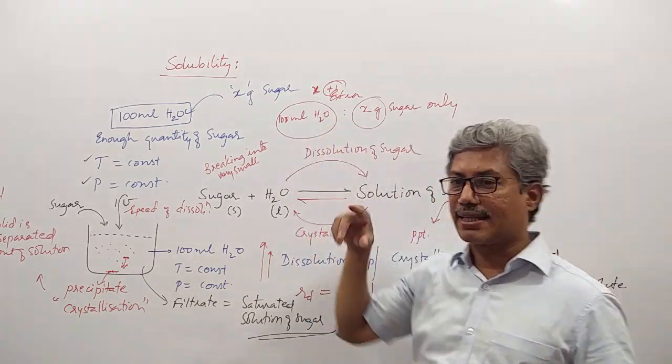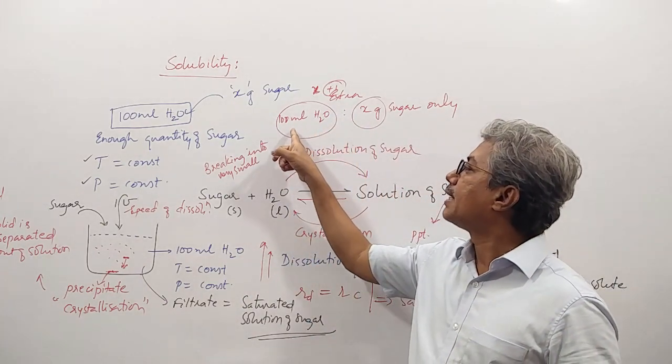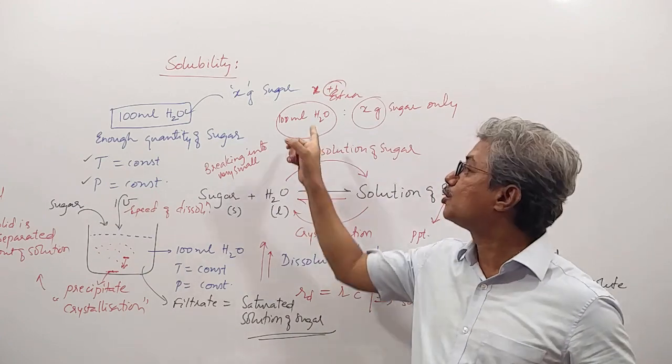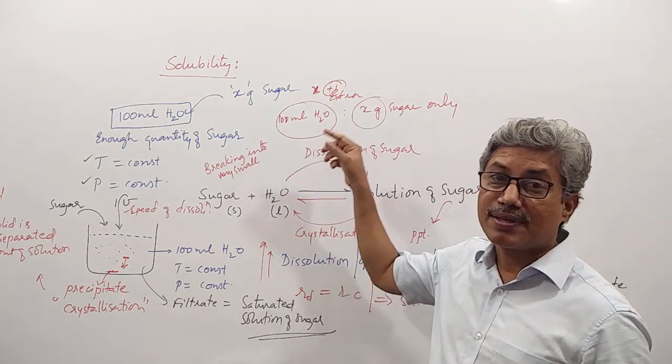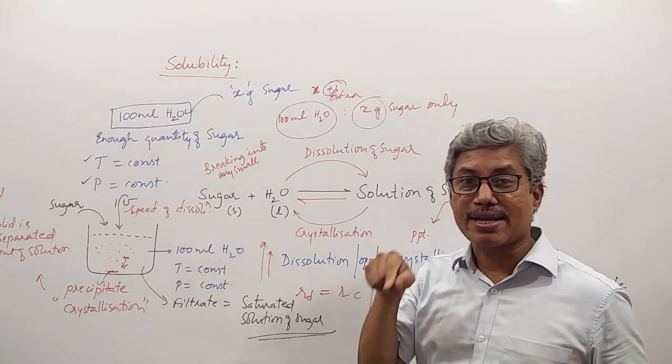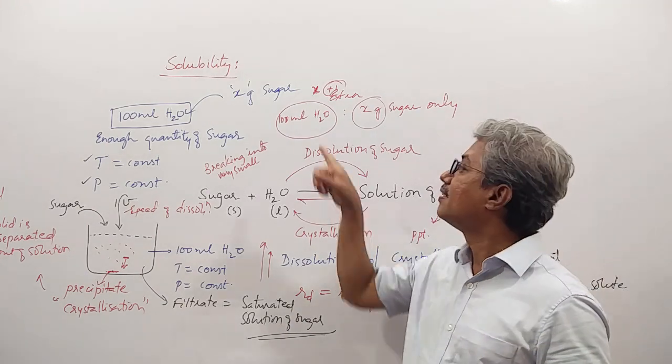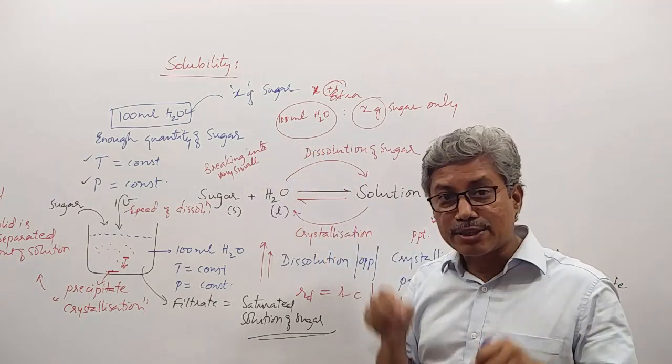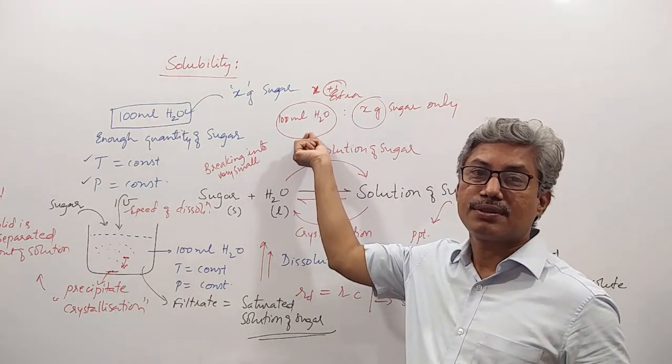Before defining this, is that clear, students? You have got a quantity of solvent, to that you have dissolved the maximum quantity of solute. That maximum quantity of solute that can be dissolved is its solubility.